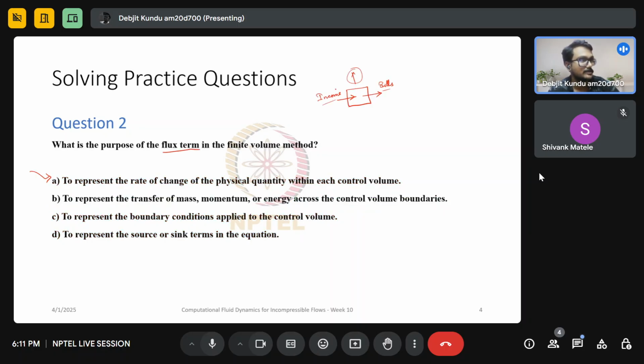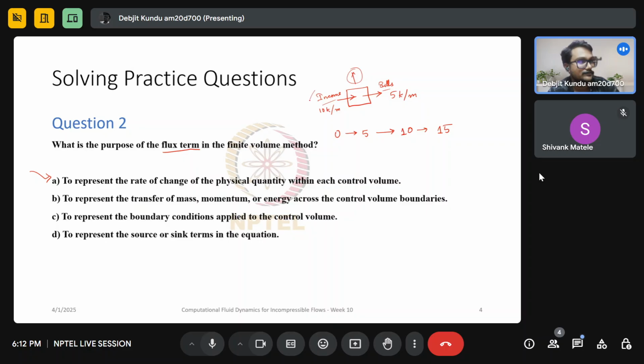So let's come back to this example. Let's say your income is, I don't know, 10K per month, and your expenses are 5K per month. And you start out with a zero bank balance, let's say. So after the first month, you'll have 5K in your bank account, right? Then in the next month, you'll have 10, 15, and so on.